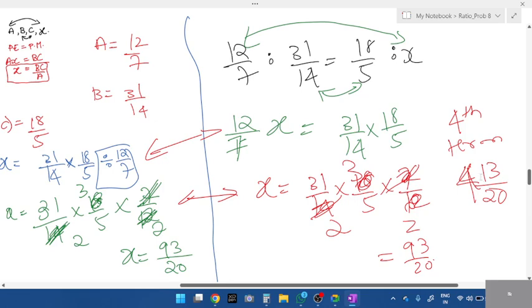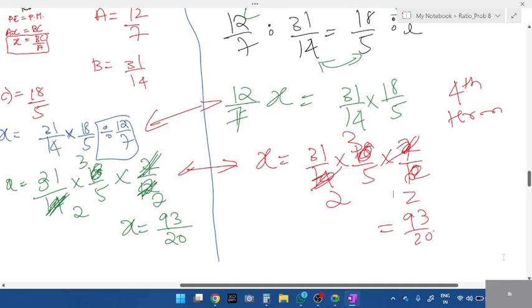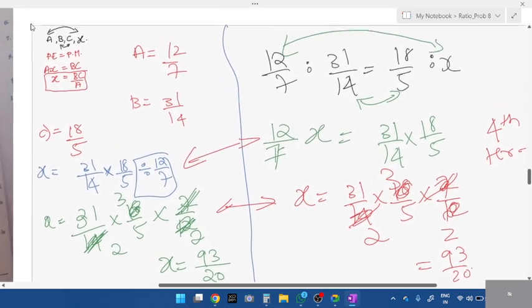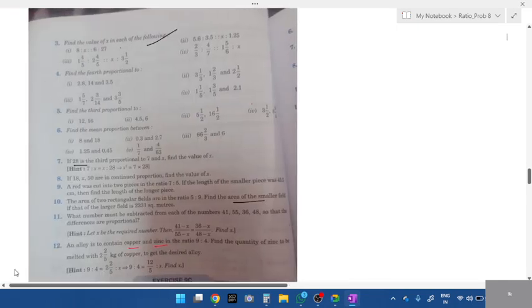Then you can just leave it as it is, 93 by 20. Okay. Any doubts? Both of you understood? And Andrea, you understood how to derive the formulas and solve? Okay, fine.